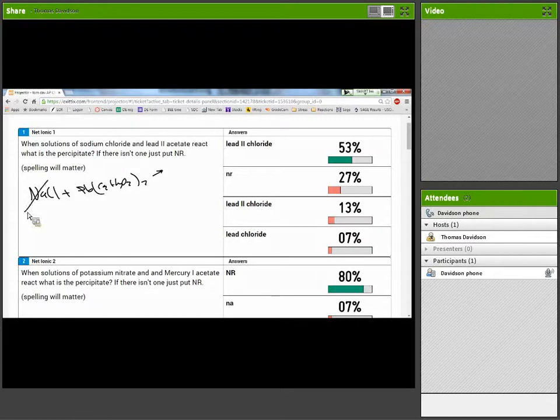I know that sodium and acetate never form anything, so I would just double check to see if PbCl2 would. Chlorine is always soluble except when it's with lead, mercury, and silver. So this would be solid.